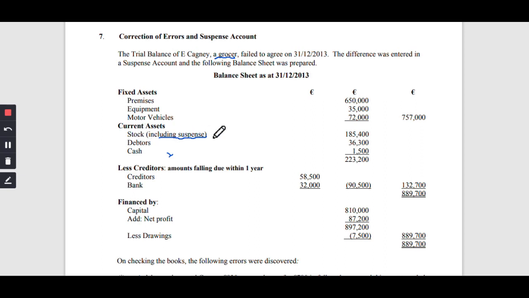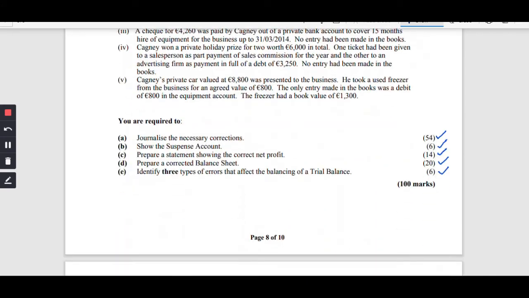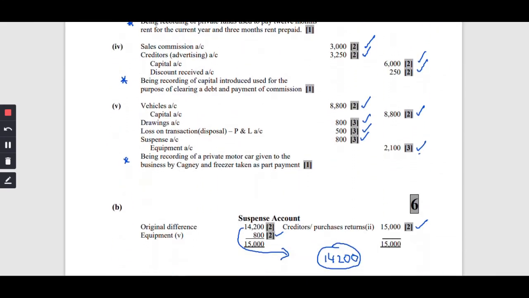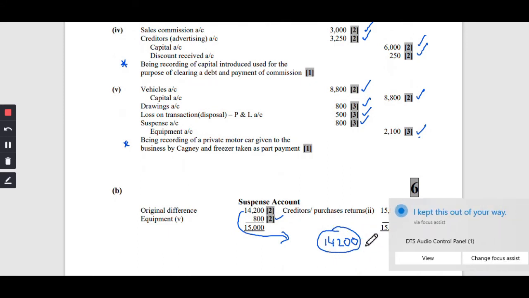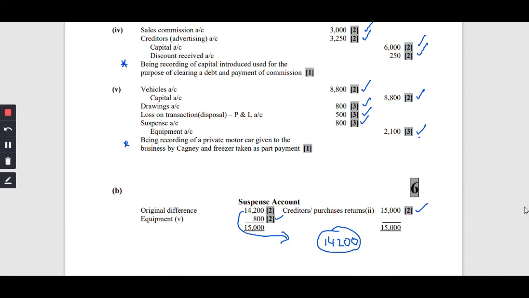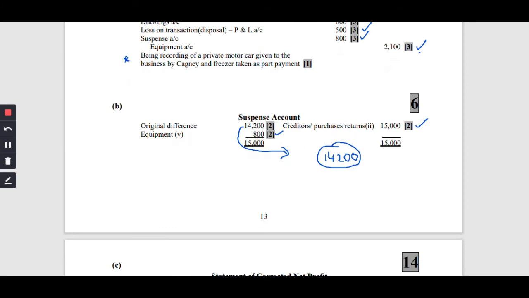So stock is a current asset, which means it's a debit account. If we are crediting this figure of 14,200, we are going to be taking that away from stock when it comes to the balance sheet. Okay, we're going to be taking that away. So I'll just make a note there. Take from debtors.